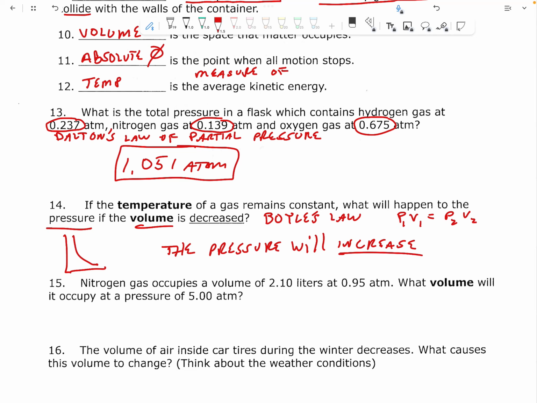Okay, number 15. Nitrogen gas occupies a volume of 2 liters, that's a volume, at 0.95 atmospheres, that's a pressure. What volume will it occupy at a pressure of 5 atmospheres? That's another pressure, of course. So we're trying to find V2. So the law, again, is Boyle's law. That's P1 times V1 equals P2 times V2.